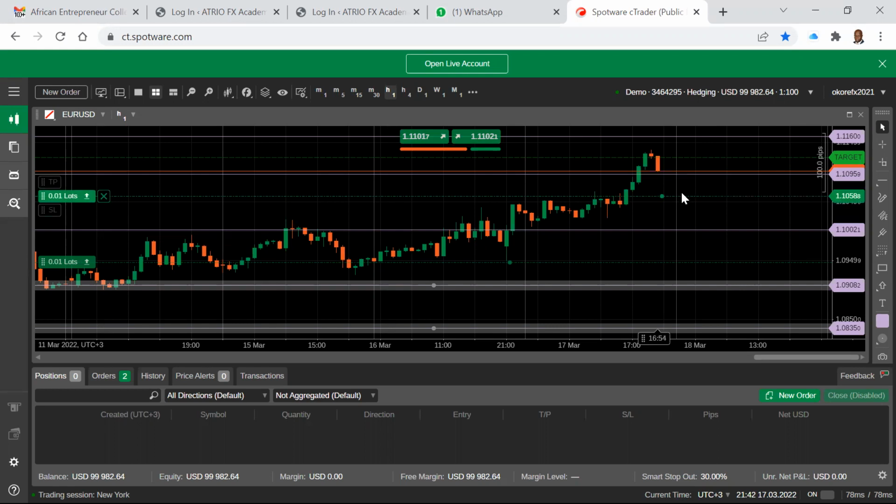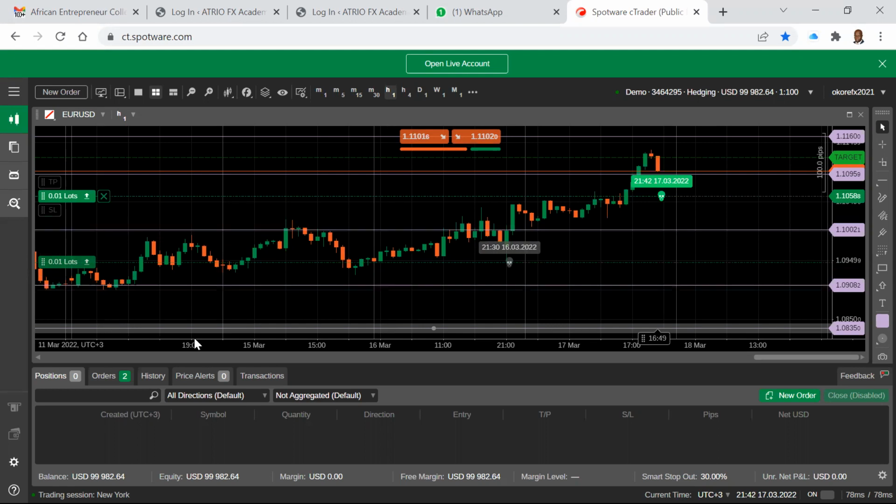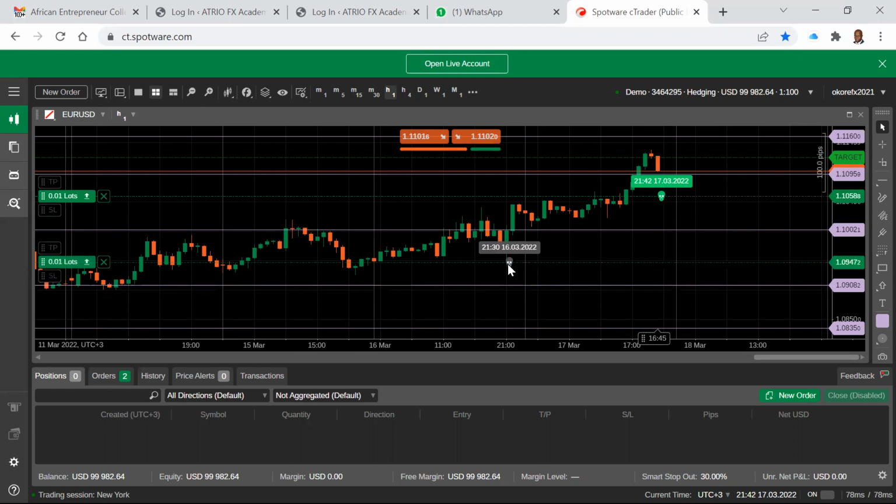I'm saying, you see the x-axis. There's 16th of March, and then there's 21:00. And then on the y-axis, I choose 1.1058. So you see where it is. But here it's at 2100 hours.